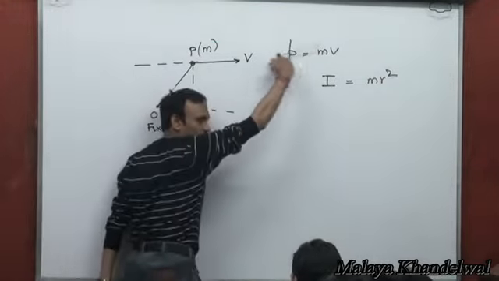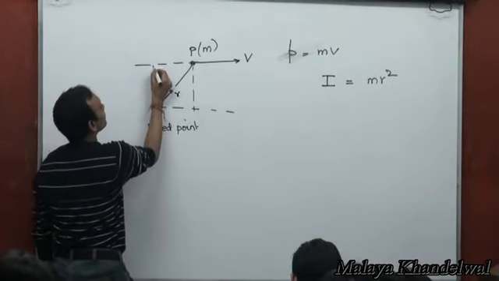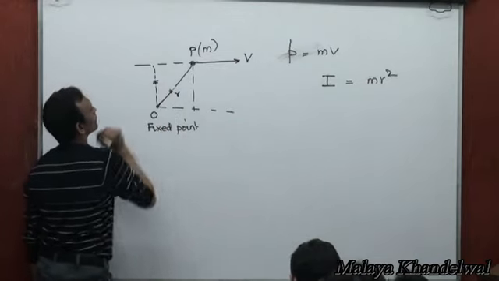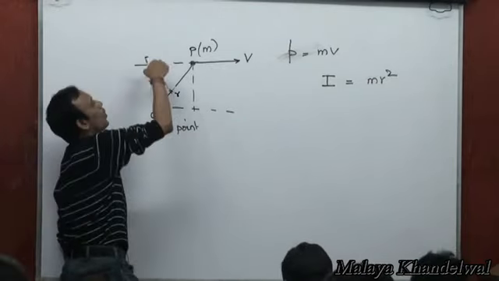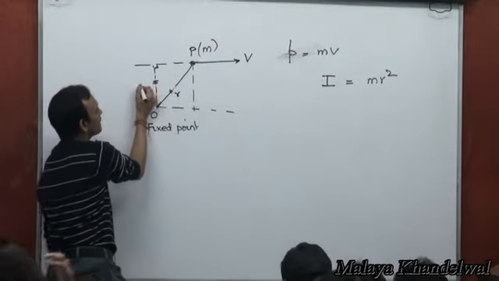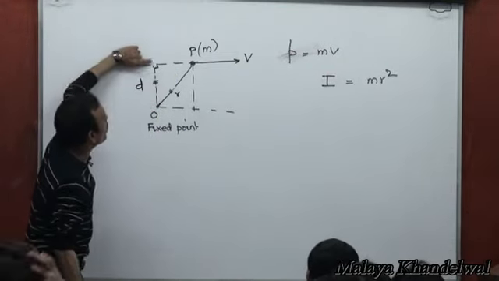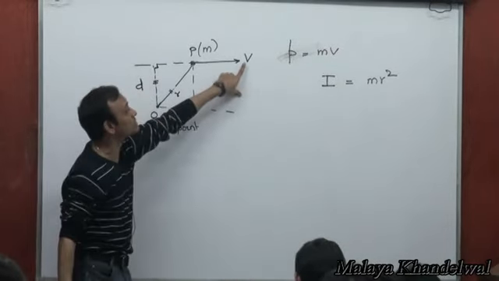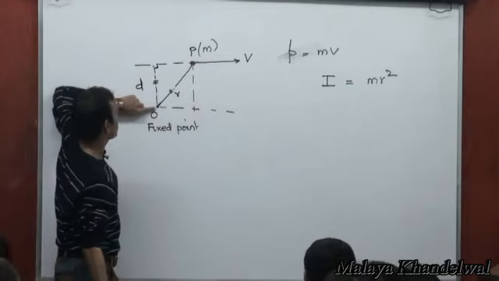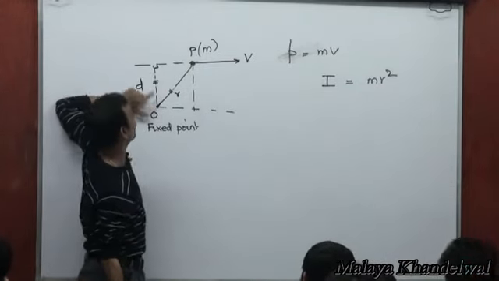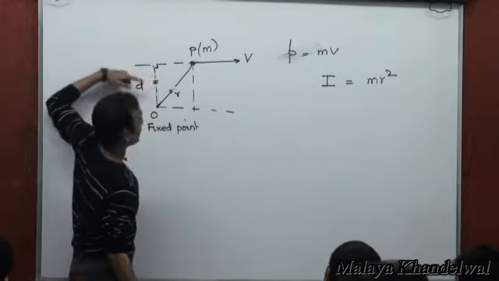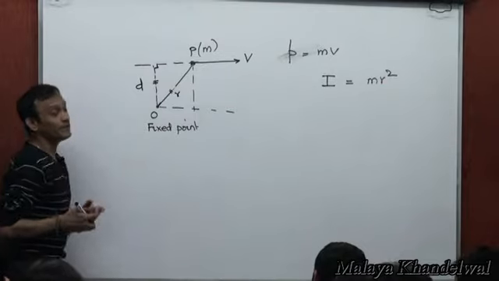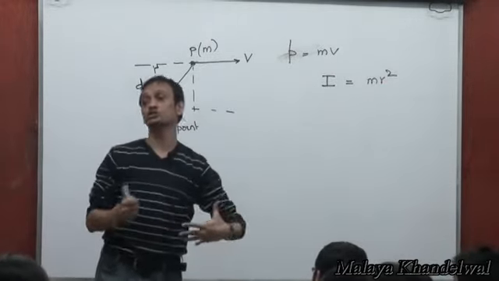From this line of action of the velocity, if you drop a perpendicular from O onto this line of action, which is d, d is the perpendicular distance of the line of action of the vector v from the fixed point O. Then we have another entity defined.